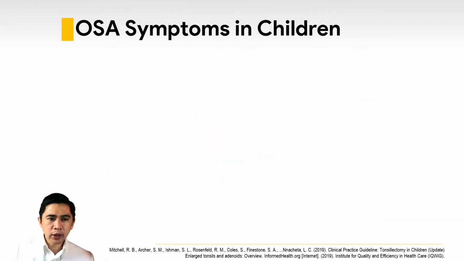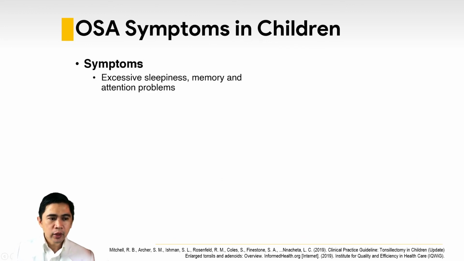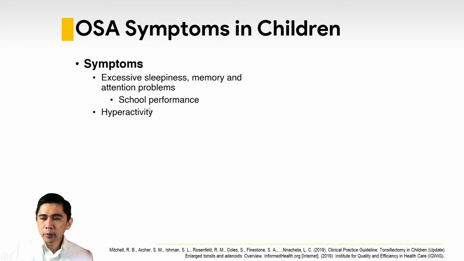OSA symptoms in children also differ from adults. Usually the symptoms, aside from excessive sleepiness, memory, and attention problems, include poor school performance, and they are noted to be very hyperactive, and they also exhibit signs of enuresis or wetting in bed at night.